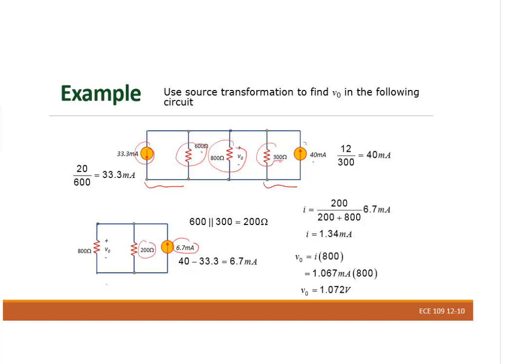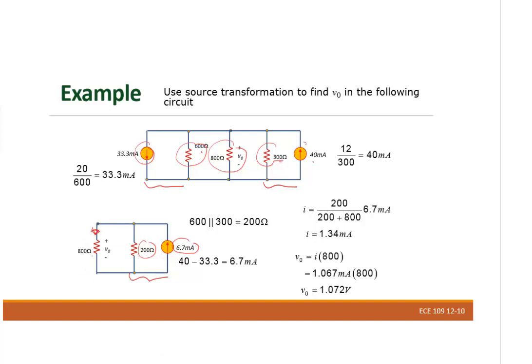So next step, you can actually convert this one if you want to a voltage source and series resistor. Then you can find voltage division, or in this case we don't have to simplify anymore. We can find the current right there, then the voltage right there easily too. What is the current right there?